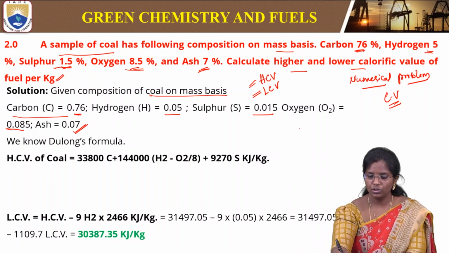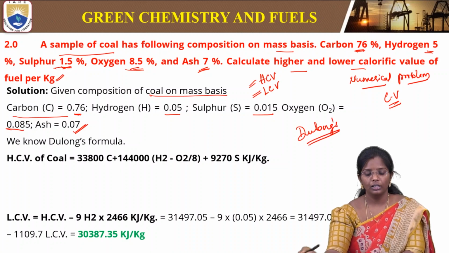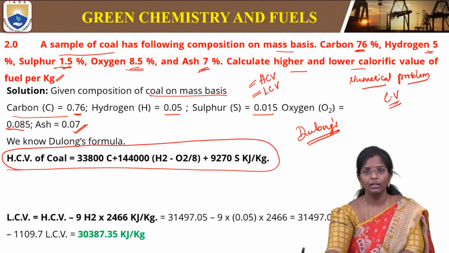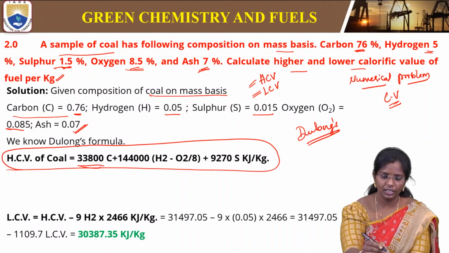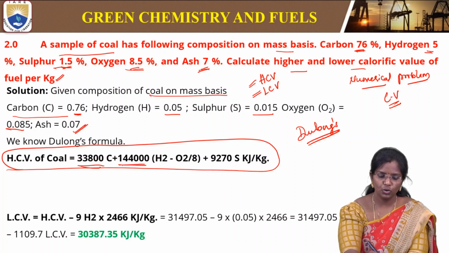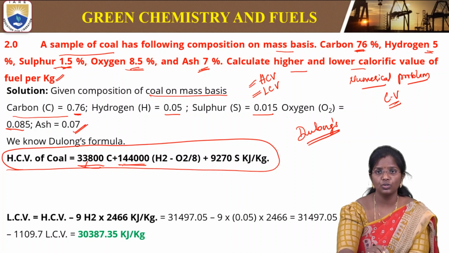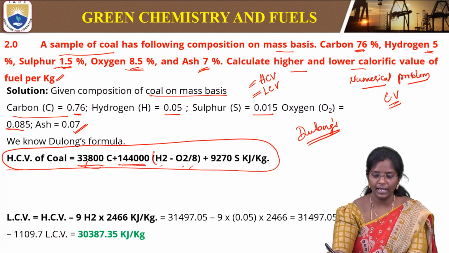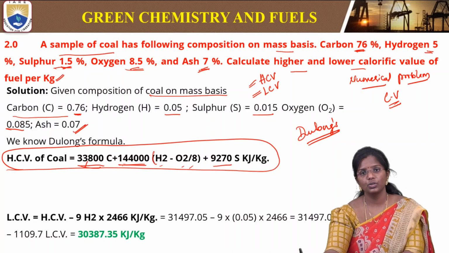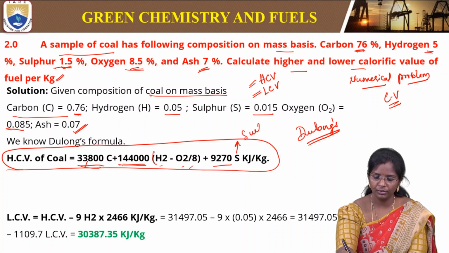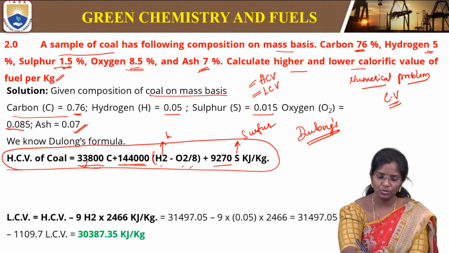Now we will be using the Dulong formula. A scientist proposed this formula for the higher calorific value, wherein a constant is given for each of these elements. So 33,800 into carbon plus 144,000 multiplied by hydrogen content minus oxygen by 8, plus 9270 into S, that is sulfur.